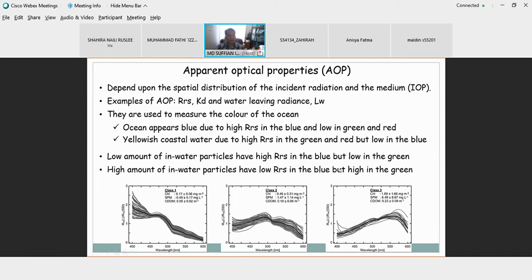So low amount of water particles have high RRS in blue but low in the green.